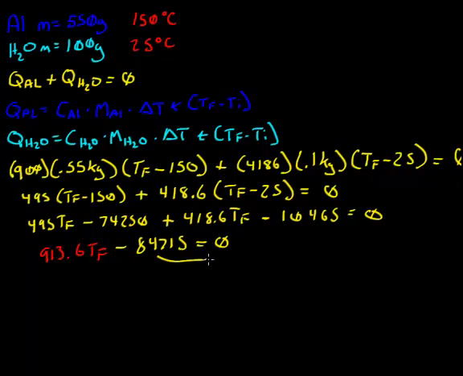So now we're going to bring this over, and it's going to give us 913.6 TF is equal to 84715. Remember, we change the sign when we bring it over. And then all you have to do to get TF is divide 84715 by 913.6.